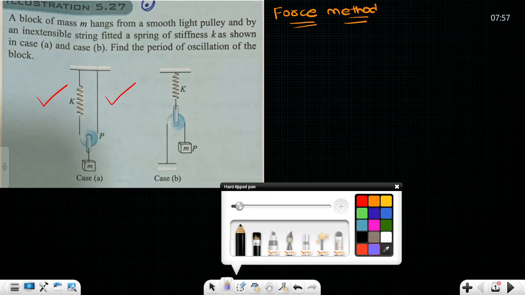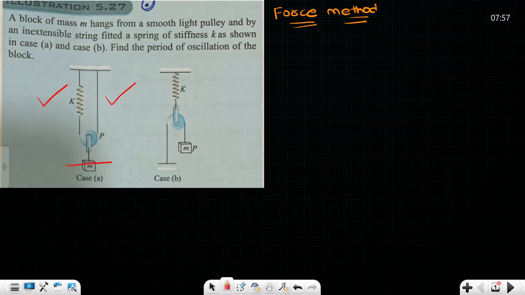Let's say the mass moved down by x1 and the spring elongated by x2. How can we prove this?